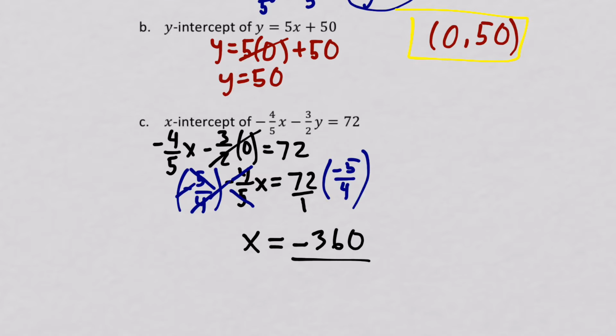And then 1 times 4, which is 4. And then the last thing I'll do here to finish is to divide 360 by 4. And that is going to give me negative 90. So that's your x-intercept. We're going to write it in the correct form, which is as an ordered pair. It'll be negative 90, 0. And that is your final answer there.